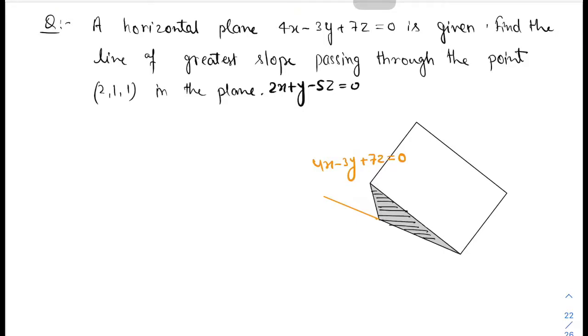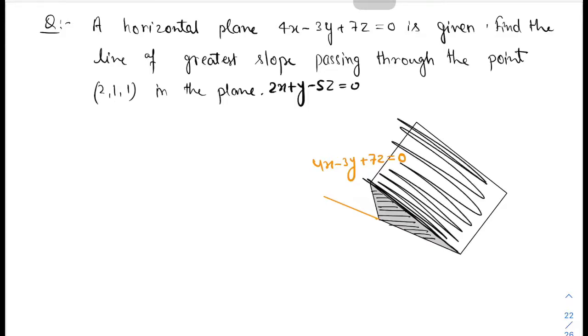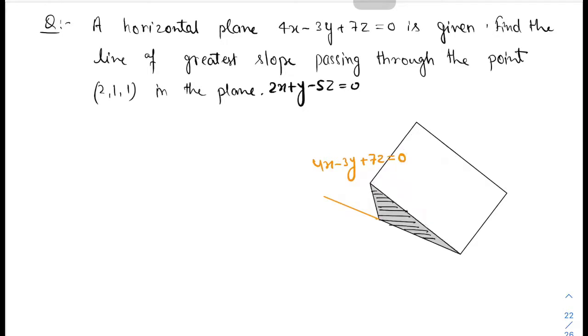Consider this to be a wedge. This upper plane has the equation 2x plus y minus 5z equal to 0, and for the lower plane, you will have to imagine it like this. This plane has the equation 4x minus 3y plus 7z equal to 0.